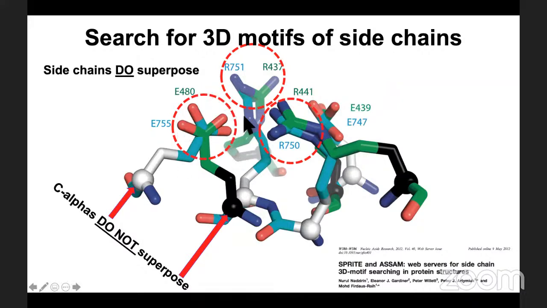And so we want them to superpose if we want to infer the same function. But in this case here, it is clear that although the side chains superpose, the C alphas themselves do not superpose. So if you were to do a C alpha superposition, you would not be able to find this example here.